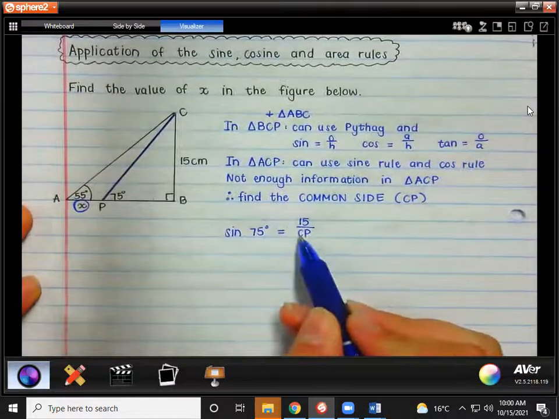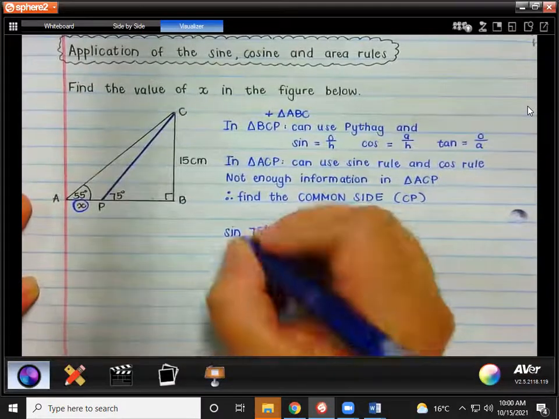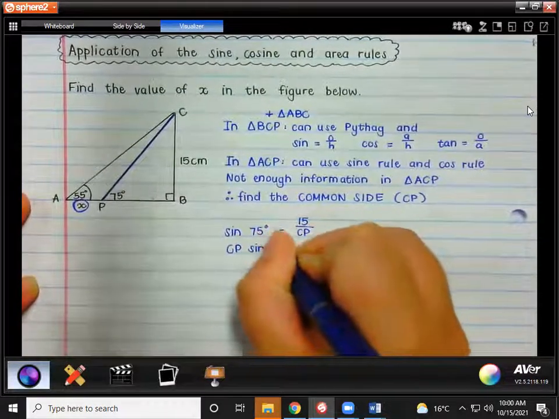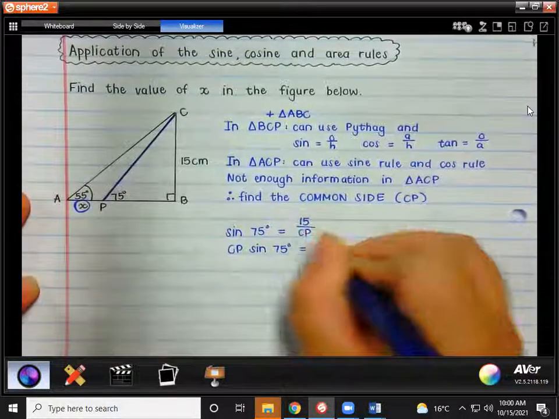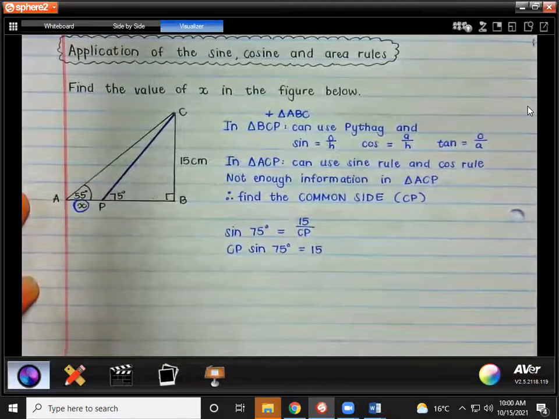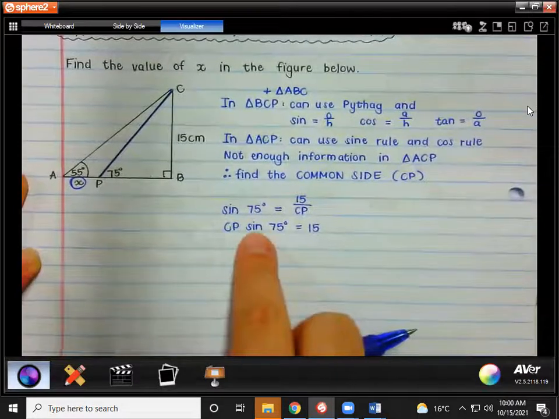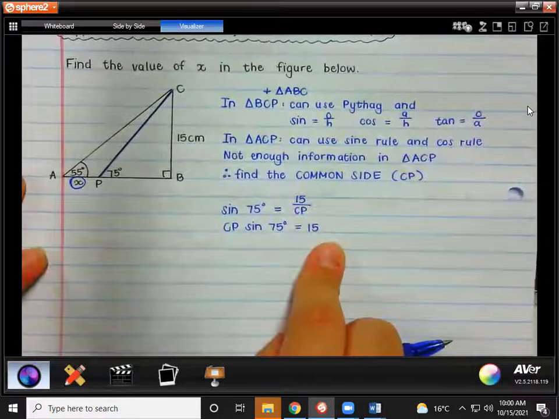To get CP on its own, first I must multiply it out on this side. So CP sine 75 is equal to 15. And then I must divide by sine 75, right?